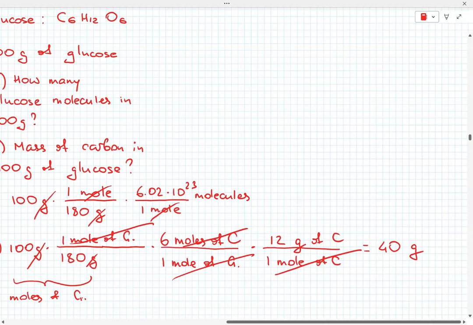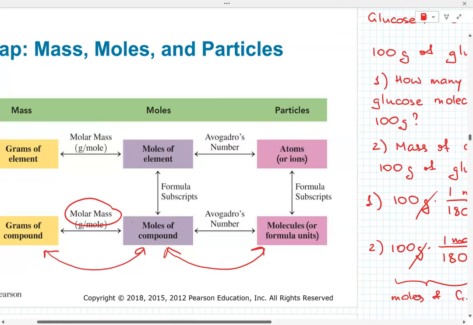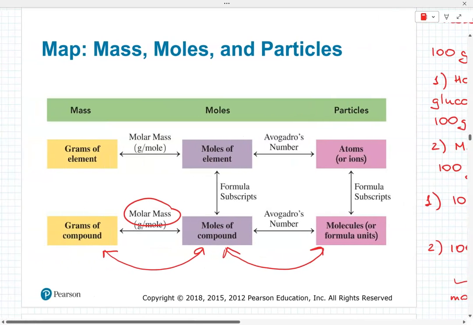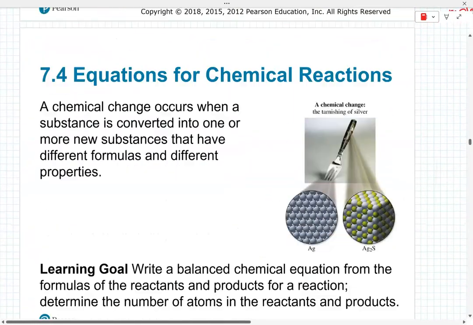Please put the units. If you use the wrong conversion factor, your units will stop making sense. You're like, oh, I need to flip it. I need to use something else. I'm going the wrong direction. Does that make sense? Please do that. Questions on these transitions?